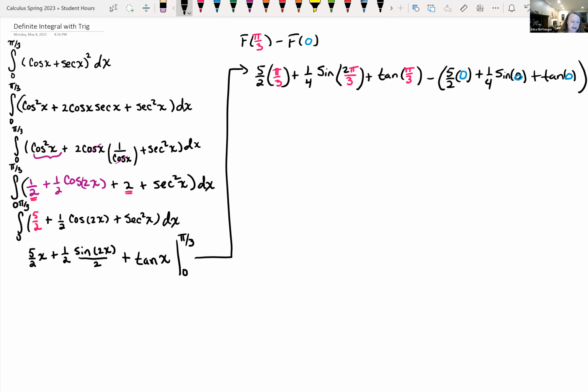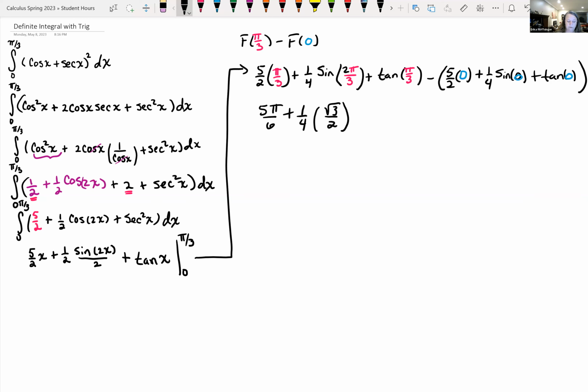Simplifying this a little bit, we have 5 pi over 6 plus 1/4 sine of 2 pi thirds. I know my reference angle is pi thirds. In the second quadrant, pi thirds is 60 degrees. Sine of 60 degrees is √3/2. And sine is positive in that second quadrant.